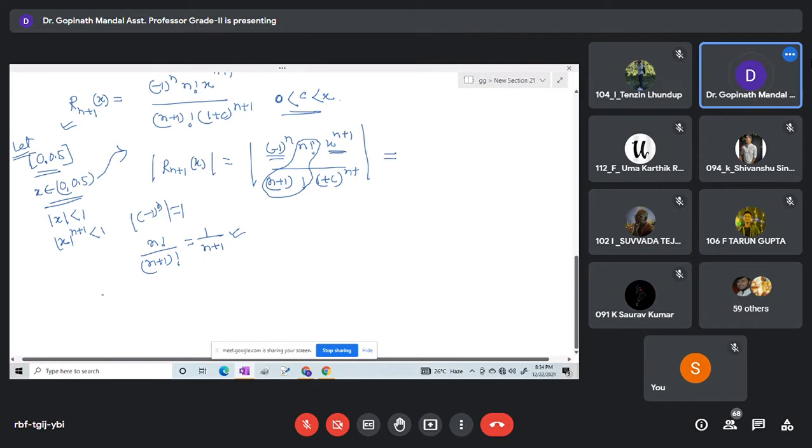And now c belongs to 0 to x. That means c is less than 1, because x belongs to 0 to 0.5, so mod of c is less than 1.